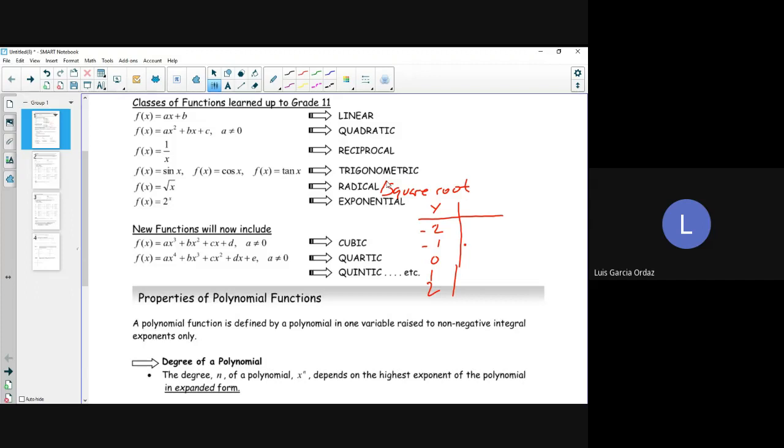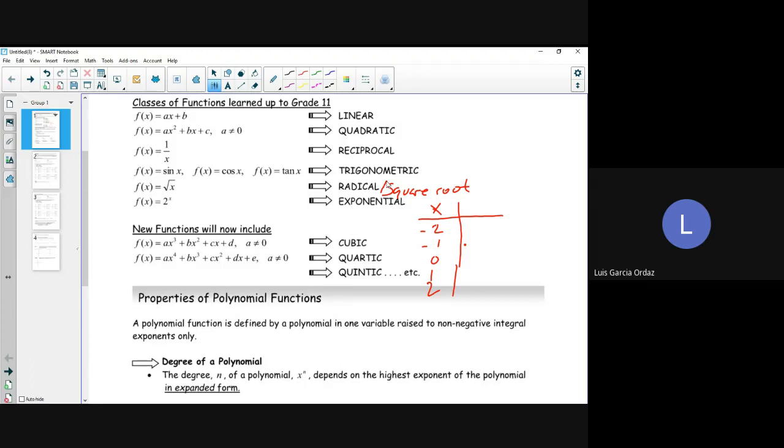For the square root, you can't use them because you can't have a negative square root. For the reciprocal, which x value can't you use? 0, because it gives you undefined, and there's an asymptote there.